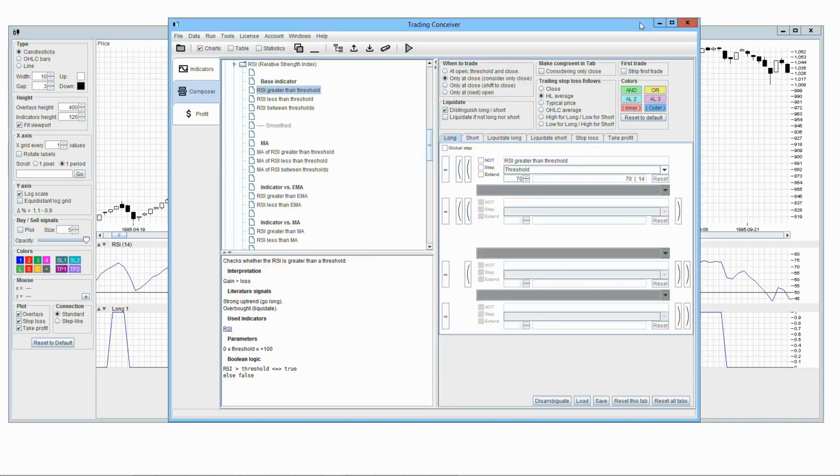Where the algorithm is true, the market is classically considered in strong uptrend or overbought. If you favor the strong uptrend, you should use this algorithm in the long tab to enter a long position. If you favor the overbought, you might consider using this algorithm in the Liquidate long tab to liquidate long positions.